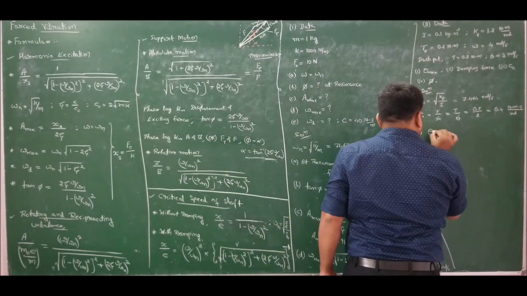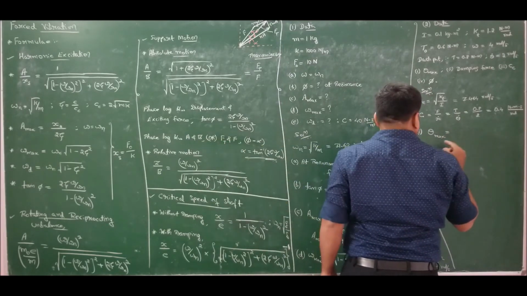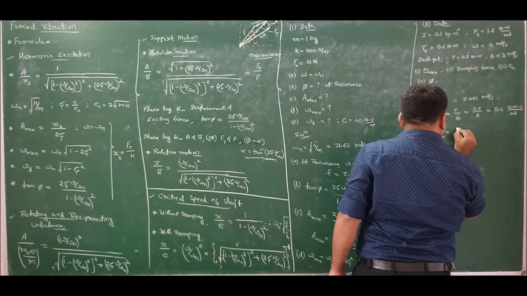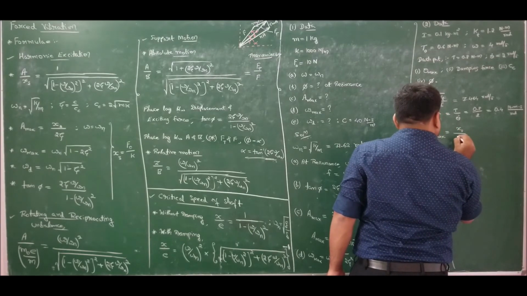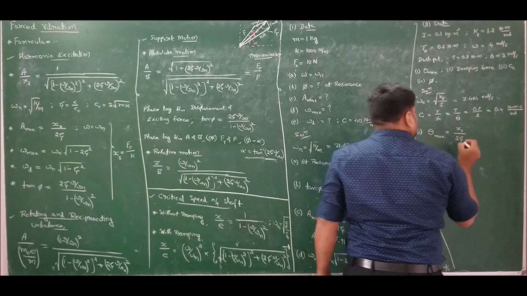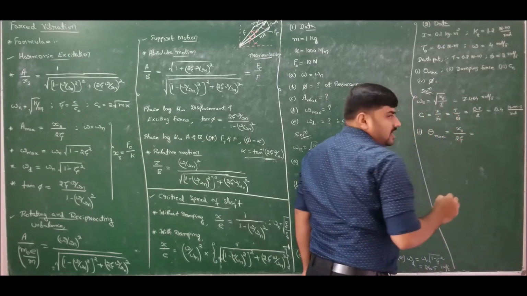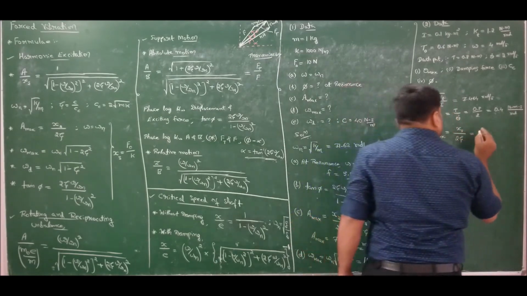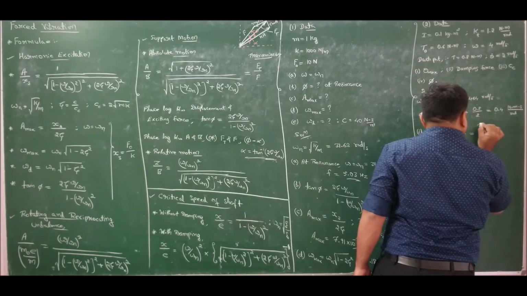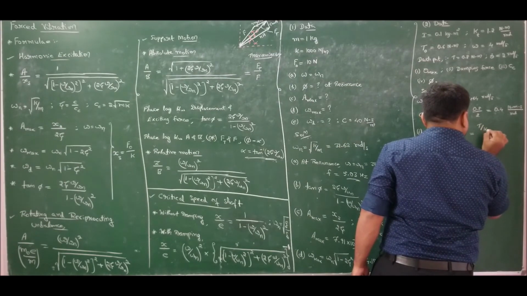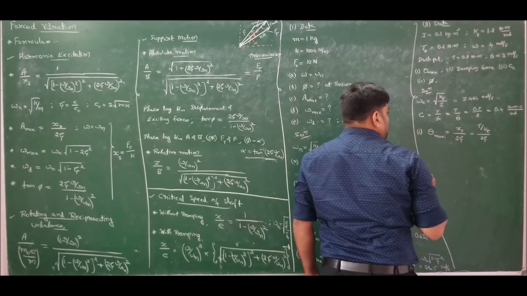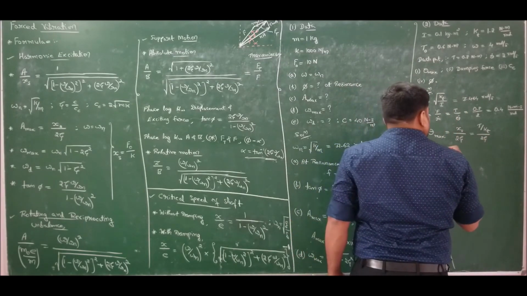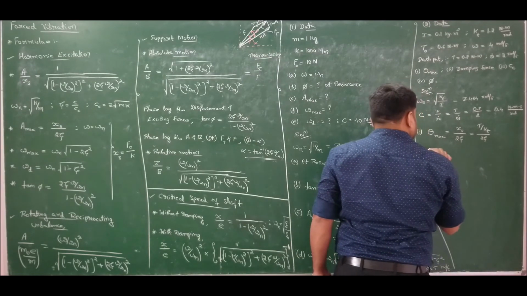So theta max is xs by 2 zeta, where xs is given by F naught by k. F should be replaced by torque and k should be replaced by kt for torsion problems, divided by 2 zeta. Clear? Now what is the value of zeta? Zeta is C by cc.